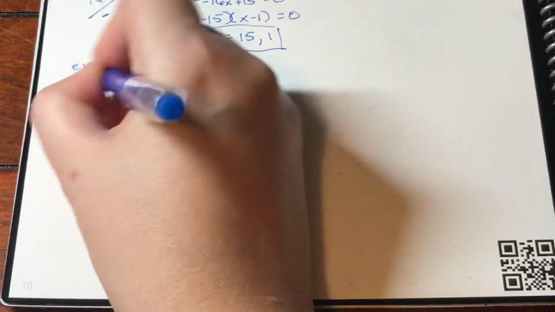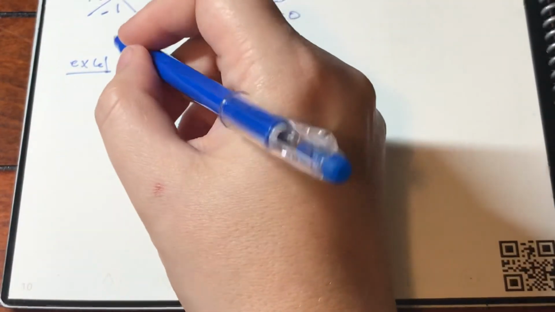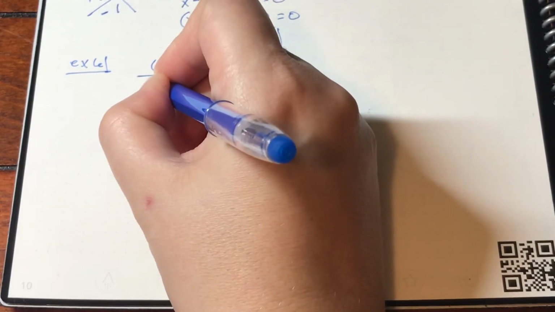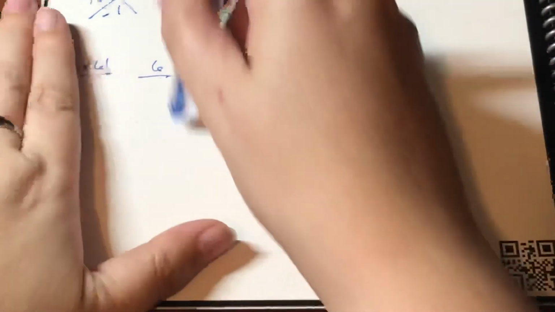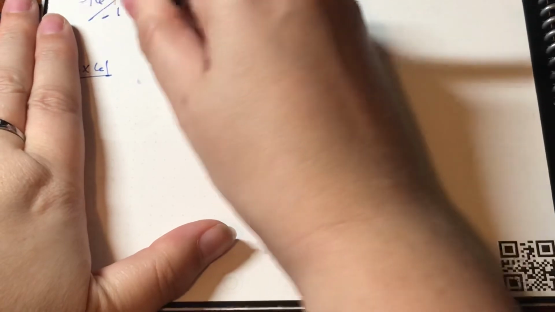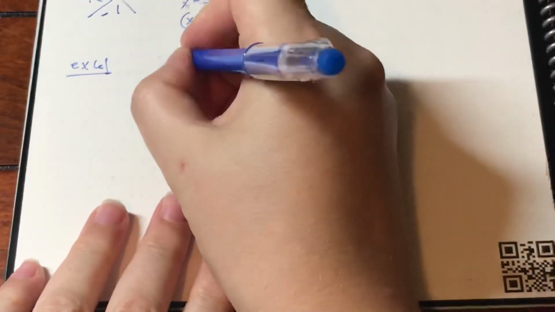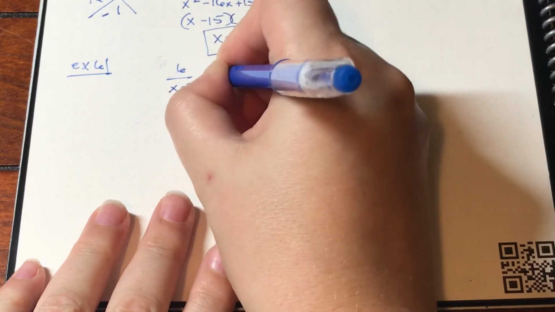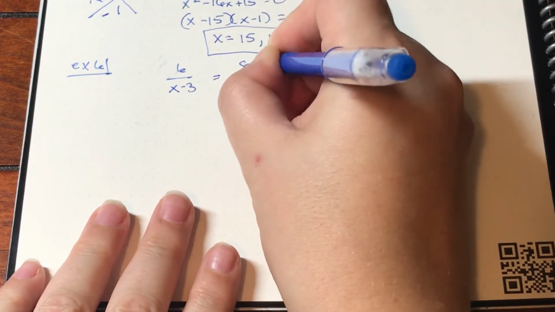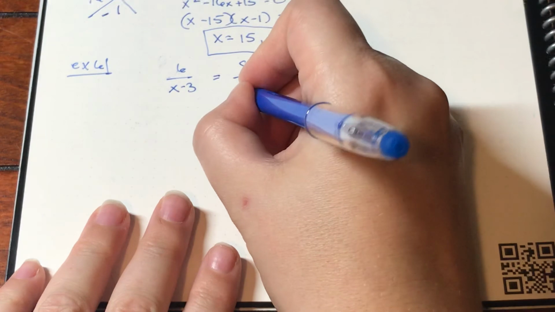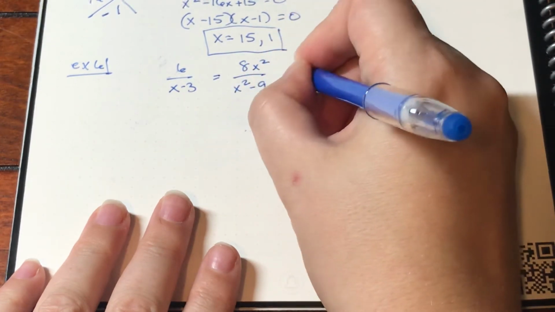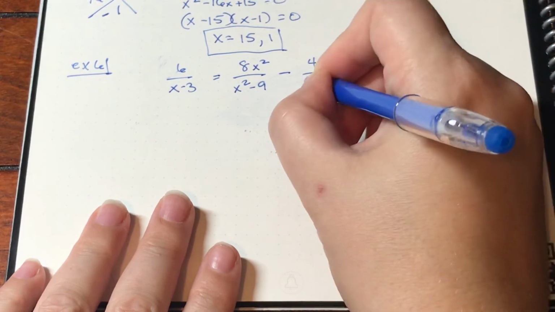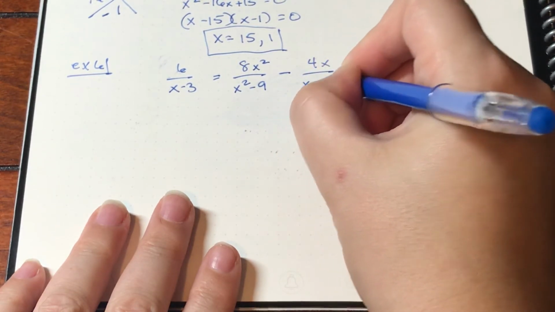Example 6. 6 divided by (x - 3) equals 8x squared divided by (x squared - 9) minus 4x divided by (x + 3).